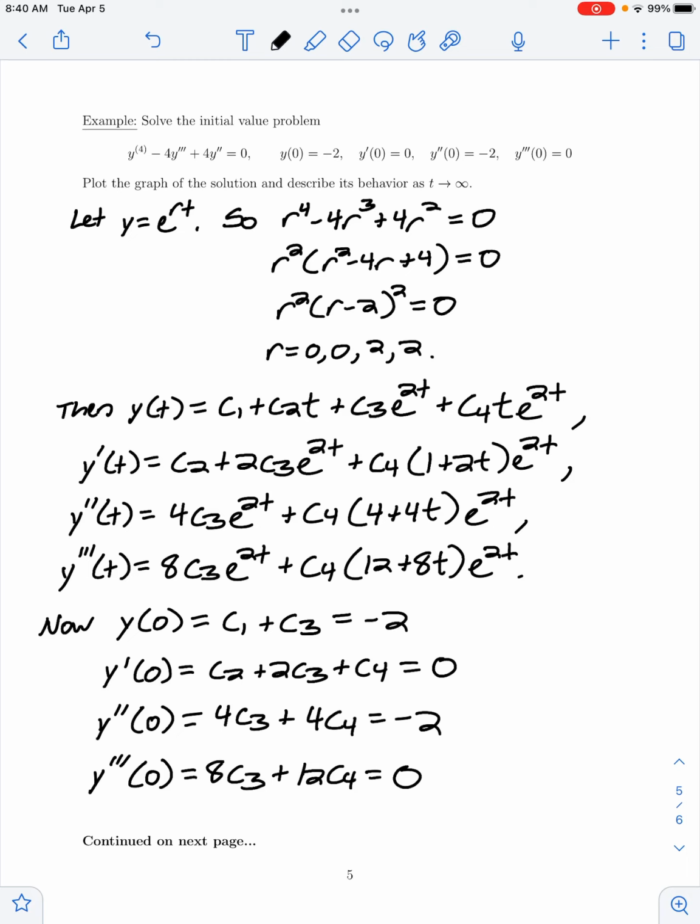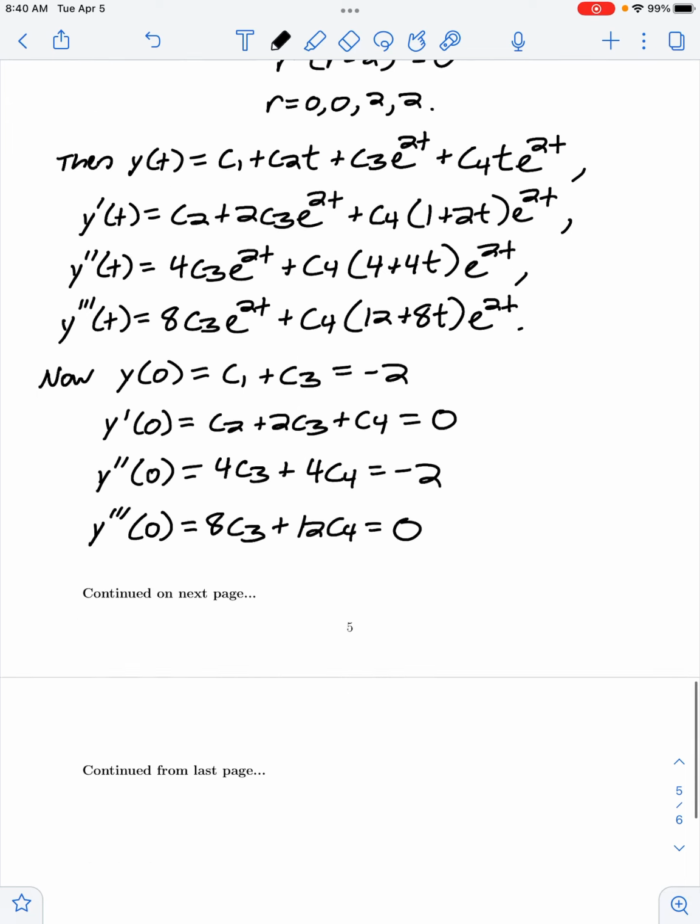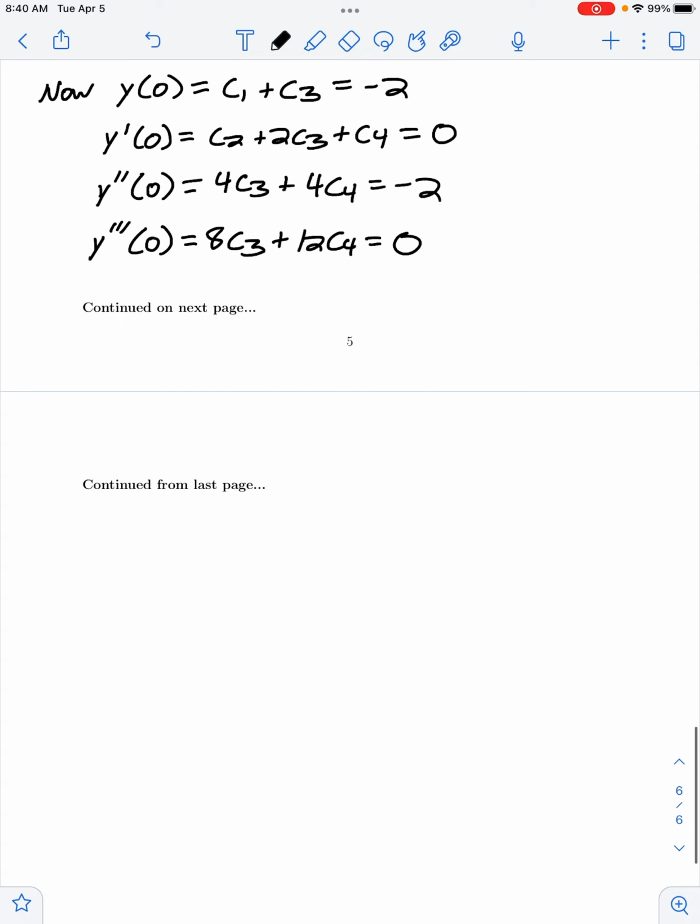So we have here a set of 4 linear equations involving 4 constants, c1 through c4. And there's a number of ways I could go about solving this. So here, when I look at my last 2 equations, I see that they only involve c3 and c4.